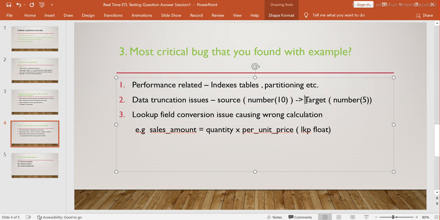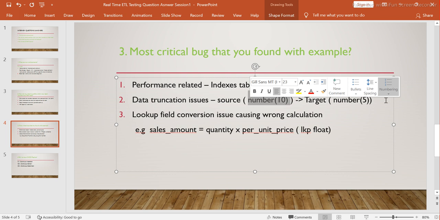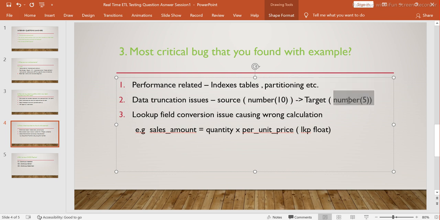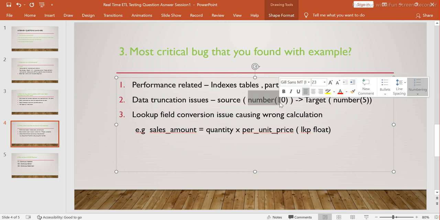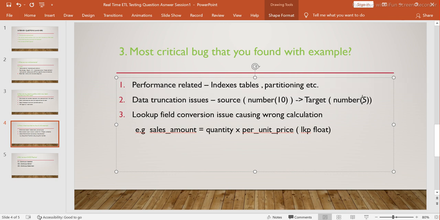In the data testing I could not find it, even the minus query was not catching it, because in the source I was getting only 4 digits, and that fit well here. There was no truncation. But in future, if a number of more than 5 digits comes from the source, it will get truncated, guys, right? I found these data truncation issues a lot, and this is a really critical one.